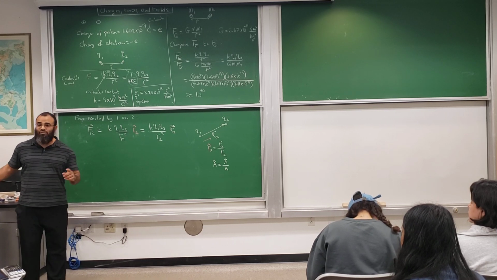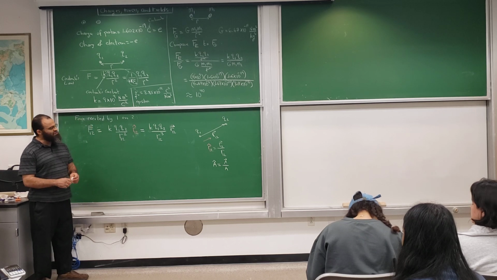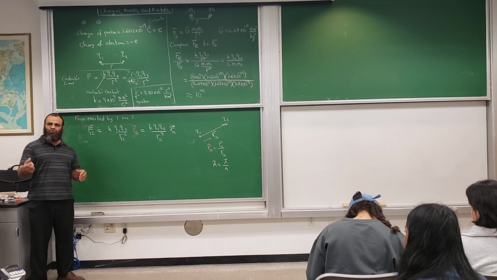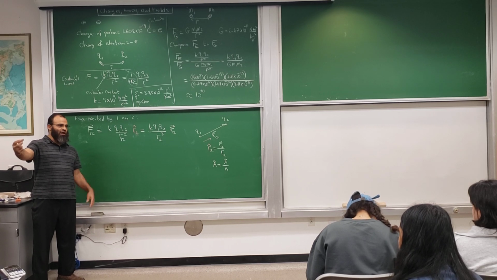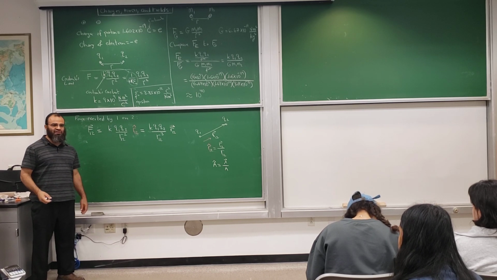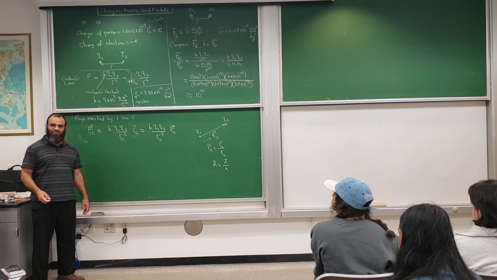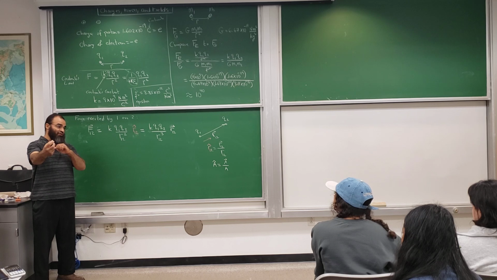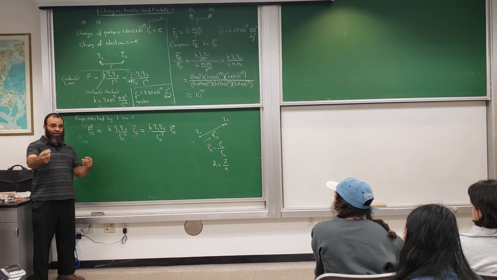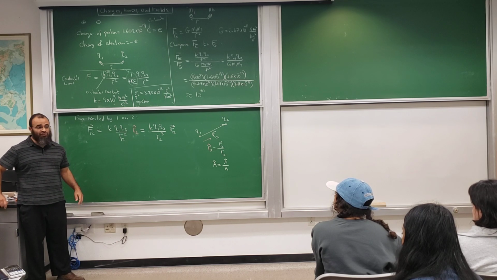And then I just have to mention the superposition principle. What if I have several charges? Let's say I have charge 1, 2, 3, 4, 5, and I want to know how much force they exert on charge 6. How do I do that? Just add them, right? Find the force that 1 exerts on 6, plus the force that 2 exerts on 6, and 3 and 4 and 5, and then you just add them together.